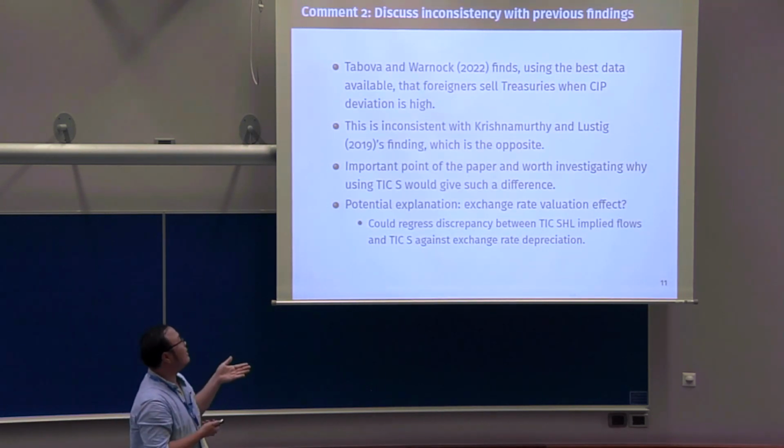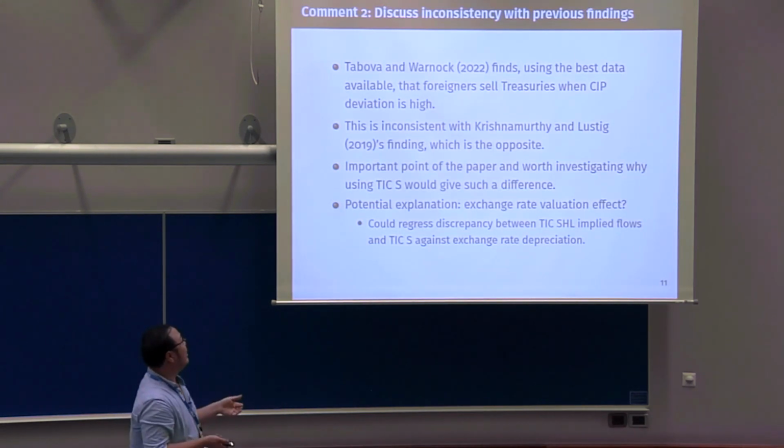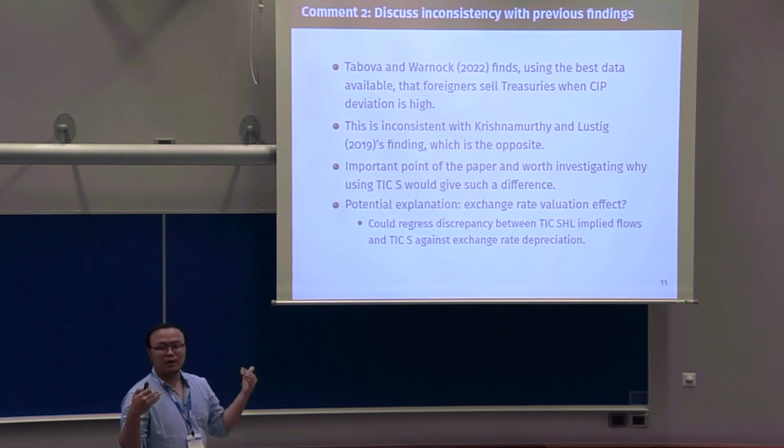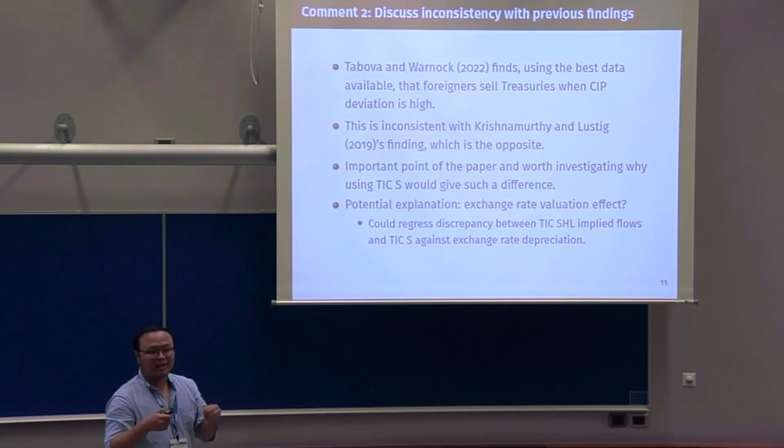The paper here would find that foreigners would sell treasuries in those episodes, while in the convenience yield literature, they would say that, oh, foreigners would love to absorb that net sell. So since you have such a great data set, and you know exactly the valuation effect, I think you can actually shed light on what might have caused the wrong finding in the past.